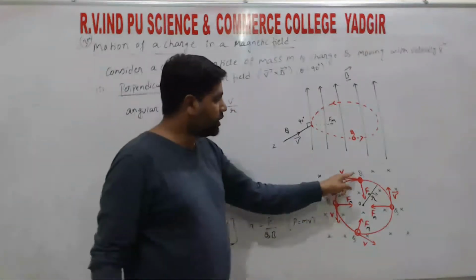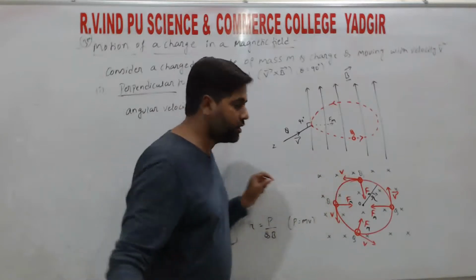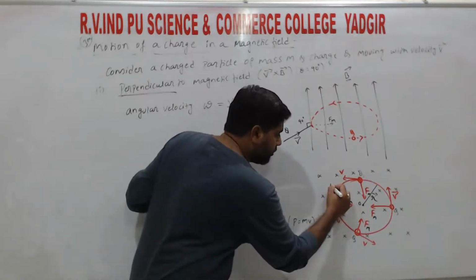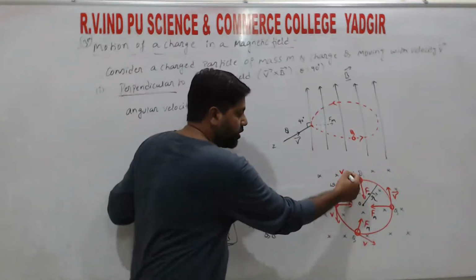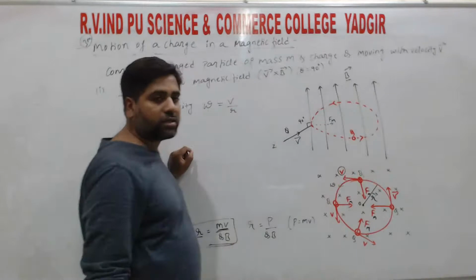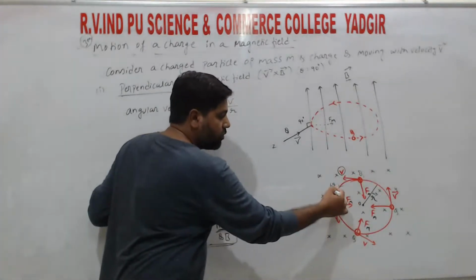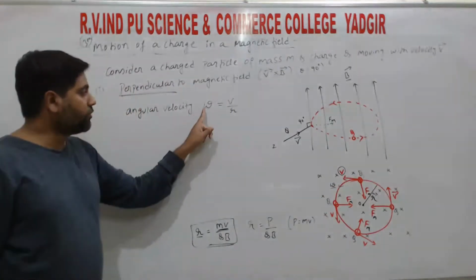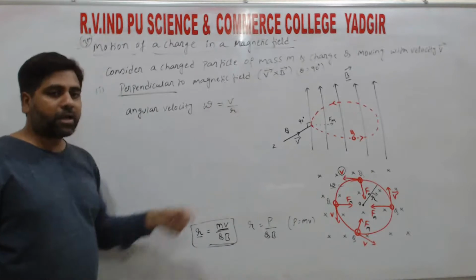Linear velocity means the velocity along the tangent; we call that linear velocity. The velocity along the circular path we call angular velocity. The tangential velocity we draw is always linear. So the relation is omega is equal to v by r.